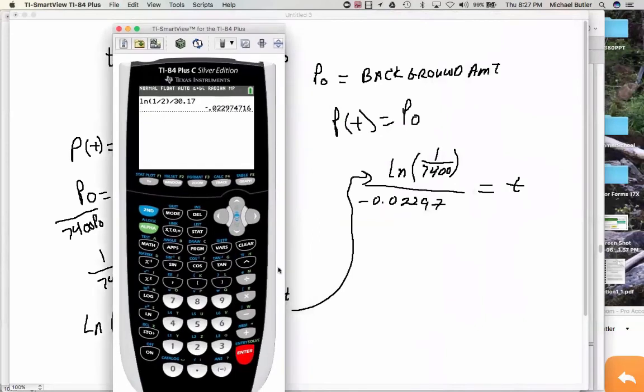It's going to be ln of 1 divided by 7,400 times the legal limit, divided by negative 0.02297. It's going to take about 388 years before you can eat that fish.